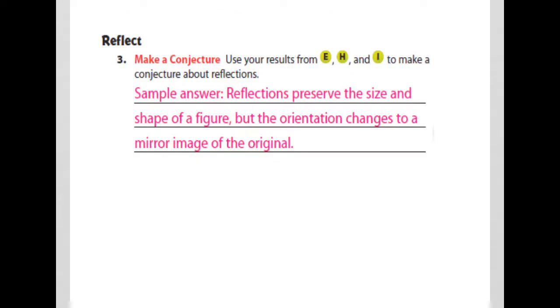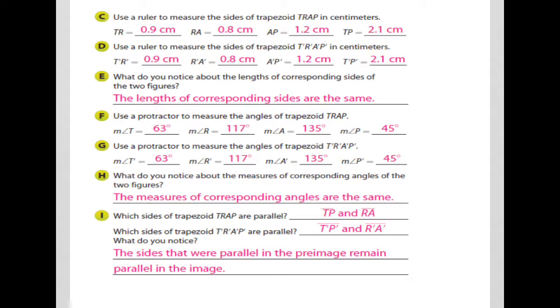And here it says use E, H, and I to make a conjecture about the reflection. So if we go and look at E, it says the corresponding sides are the same when we looked at the length. H says the measures of the corresponding angles are the same.